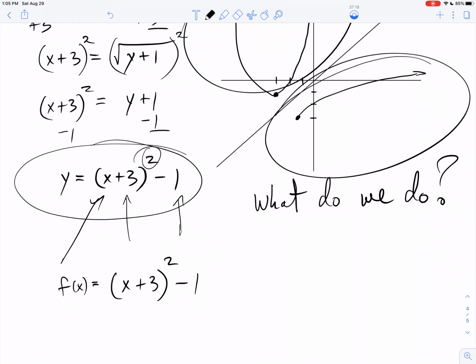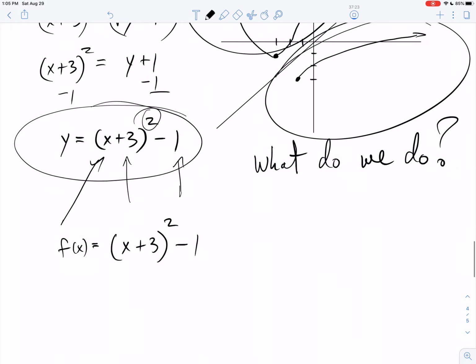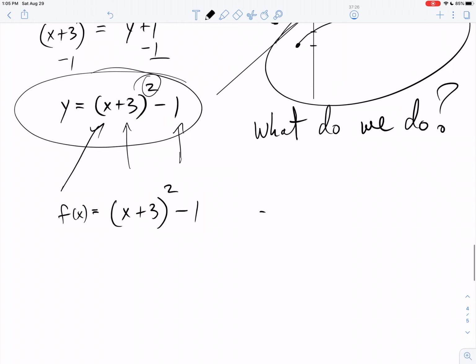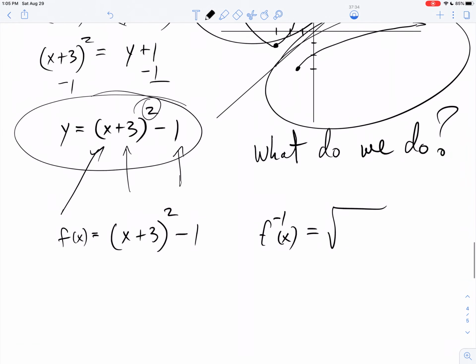But I know that these two are inverses, so I'm going to call this guy up here f inverse of x. So f inverse of x would be, oh crap, I forgot what it was, square root of x plus 1, minus 3.